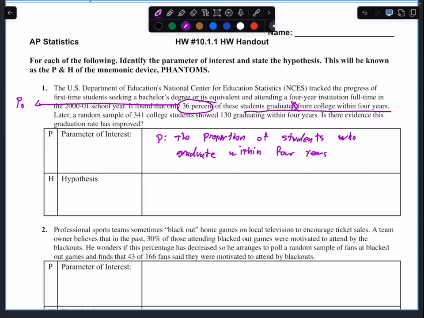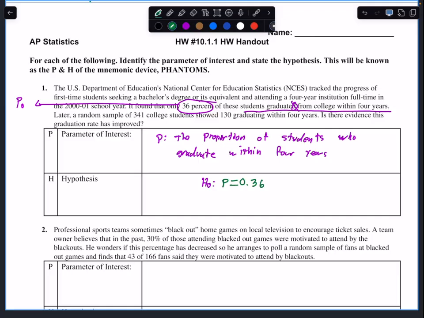So my null hypothesis is very straightforward. It is p equals 0.36, reading the 36% as a decimal. You could technically write it as 36 with the percent symbol, but it's going to make problems later on.